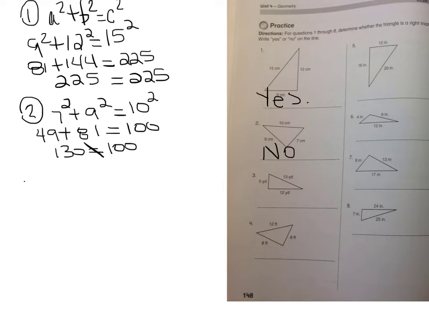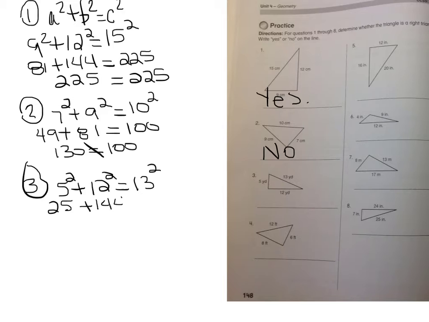Last one I'm going to work out with you is number 3. Please make sure you're copying all of this down. What just happened? All right. Number 3, 5 squared plus 12 squared. Does it equal 13 squared? 25 plus 144.